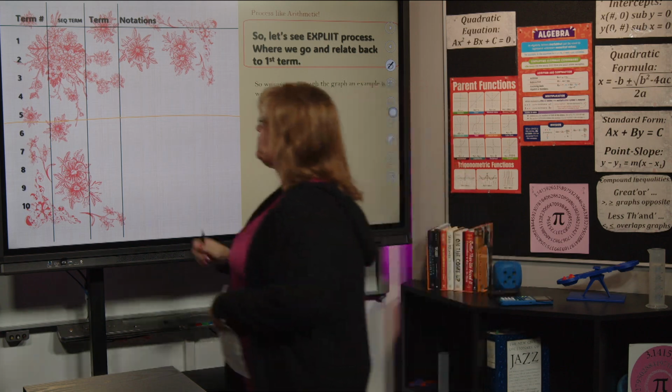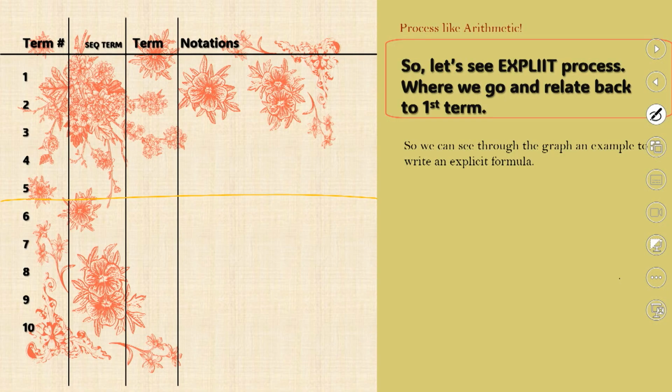So here we go. My 6th term would be a sub 6. So let's see. It's going to look like f of 6 equals a sub 1 times 2 to the n minus 1 equals, so I have 3 times 2 to the 6 minus 1, which is just like saying 3 times 2 to the 5th.